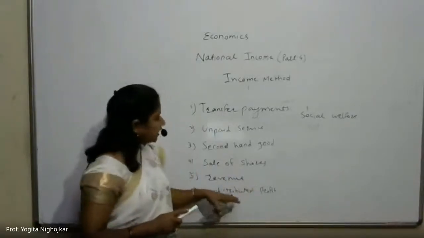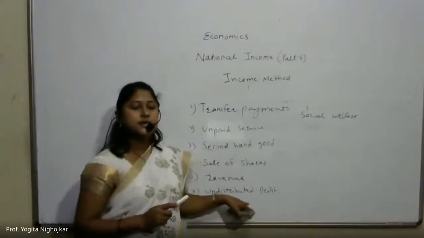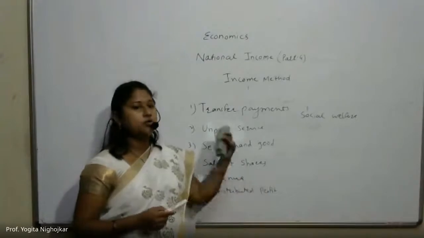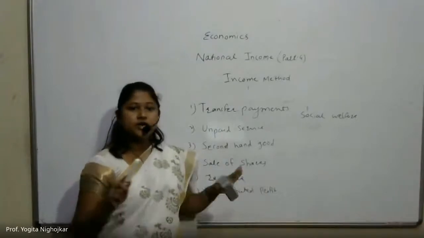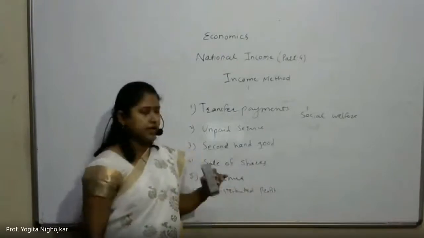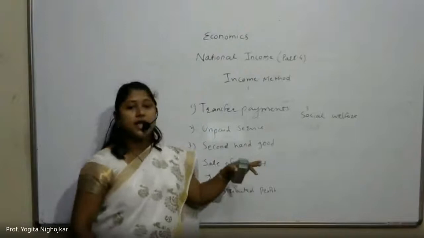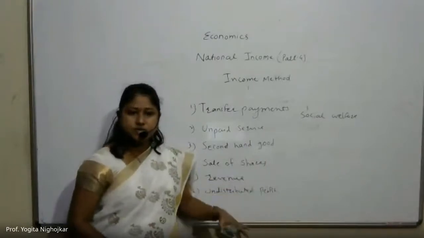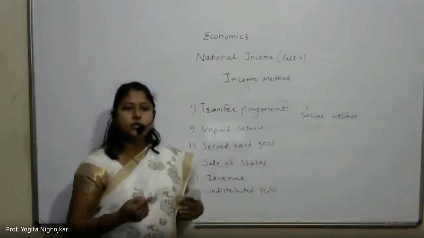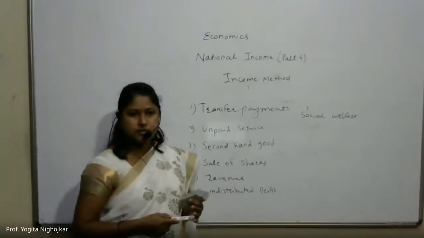But what is undistributed profit? It means profit earned by an organization but not distributed to its shareholders by way of dividends. Some is available for later distribution but is frequently used by companies to finance their activities, right?